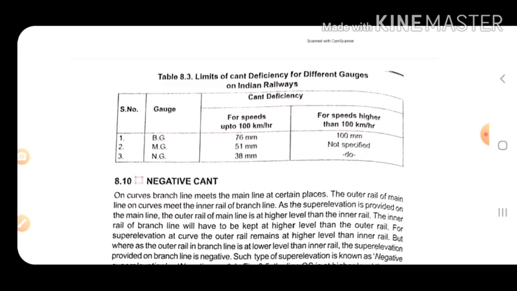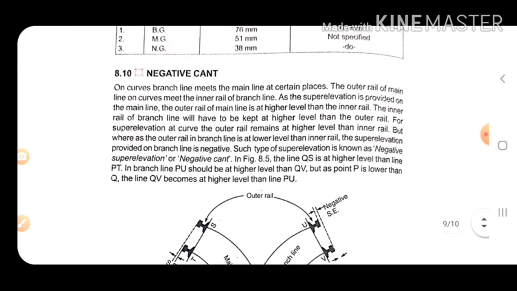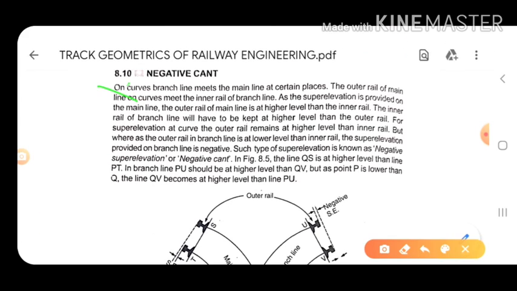Limits of cant deficiency for different gauges in India: BG 76, MG 51, NG 38. Negative gain, very important. Short notes arise in the question.